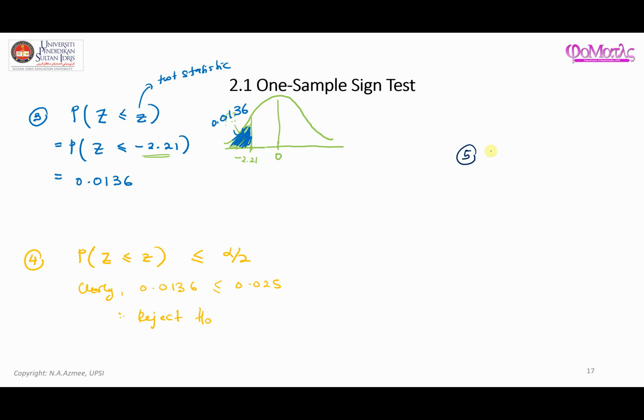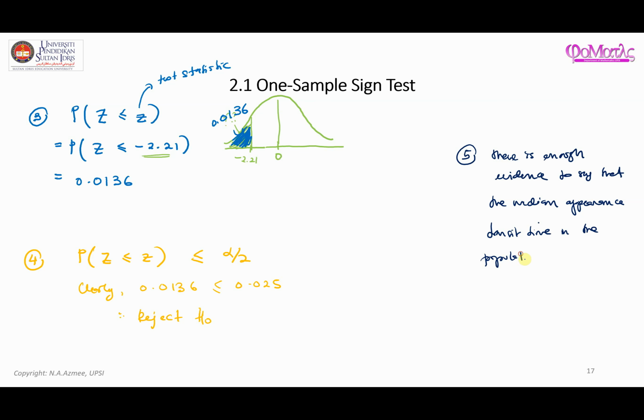So here we can say that there is enough evidence to say that the median appearance transit time in the population, well, again, it's just copying the last line of the example given.